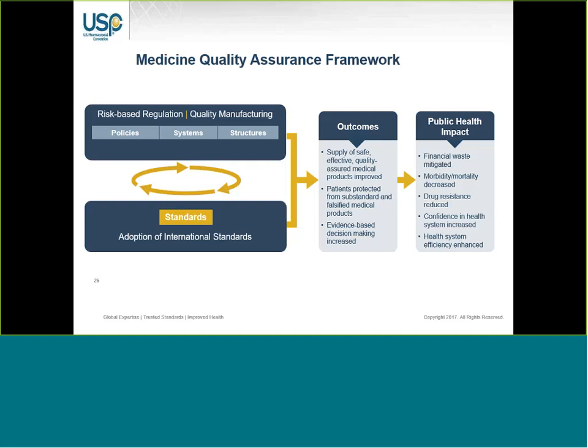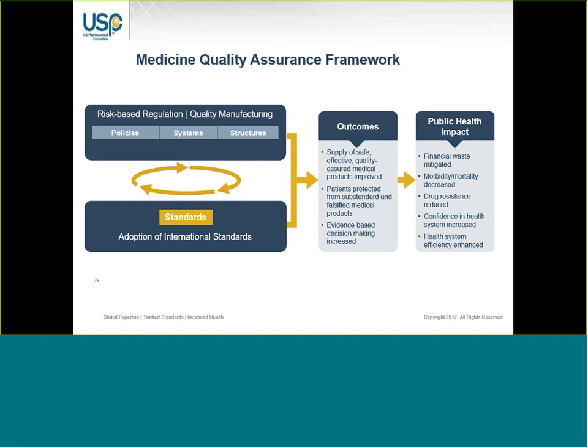And so when the system is functioning very well, you get these desired outcomes, which include a supply of safe, effective, quality assured medical products. Patients are protected from substandard and falsified medicine, the burden of which is very much being felt across countries where we work. And then you have the evidence base to take decisions in the system.